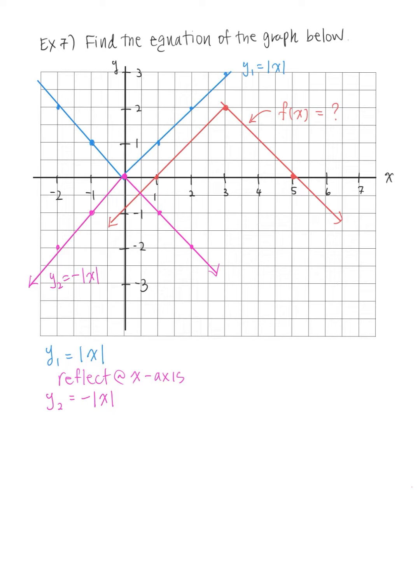All right, now we're looking at the pink graph that we just drew. And then remember our goal, right? Our goal is to come up with the equation of the red curve here.